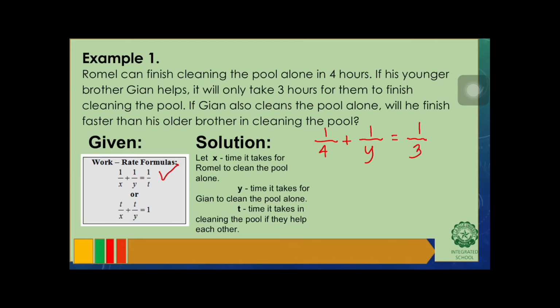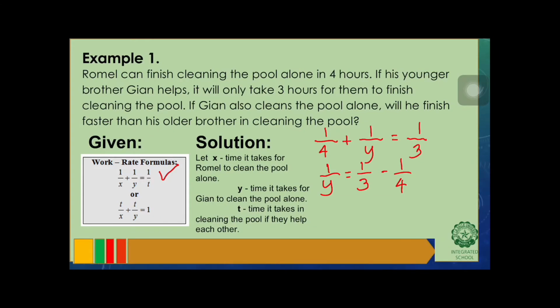For us to solve for the variable y, we need to isolate our variable y. So if you isolate your variable y, you end up having the equation 1 over y is equal to 1 over 3 minus 1 over 4.